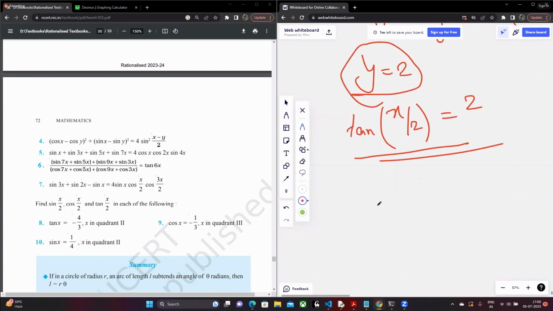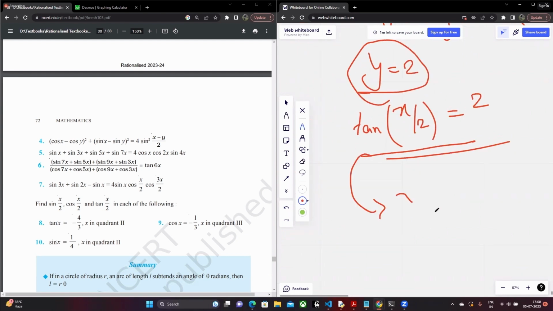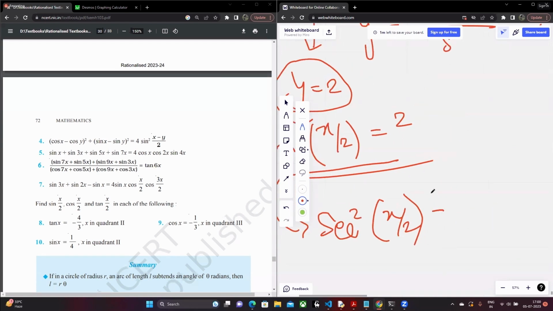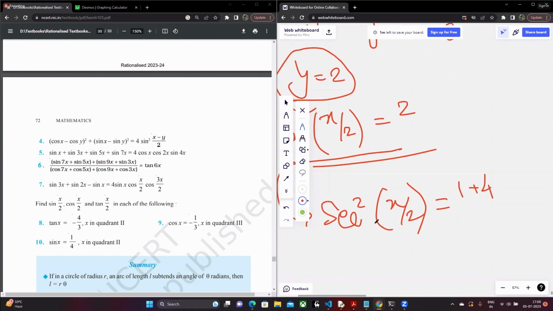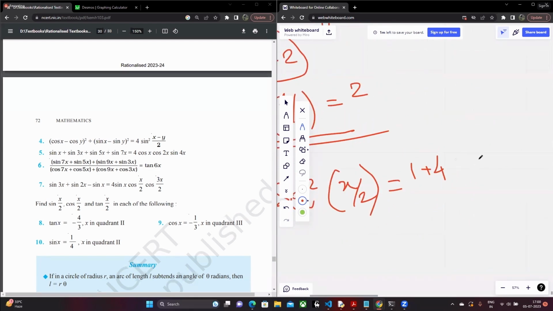From tan x by 2, what you can get is secant squared x by 2 is going to be equal to tan square plus 1 is secant square, right? So this is basically 1 plus tan square of x by 2, that is going to be 4, or this is going to be 5.